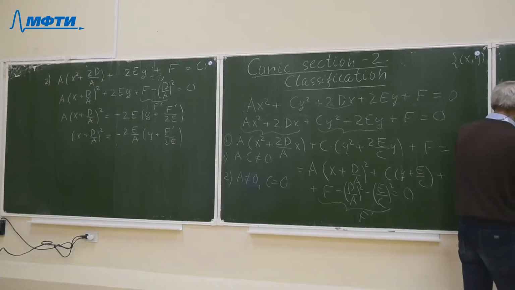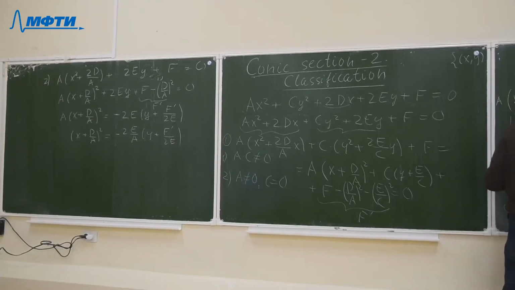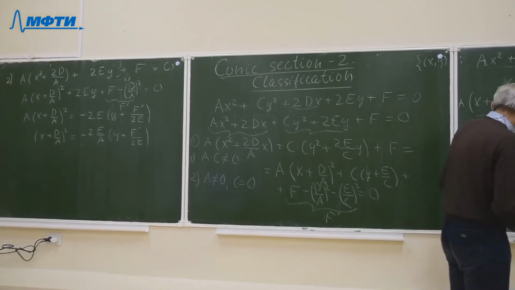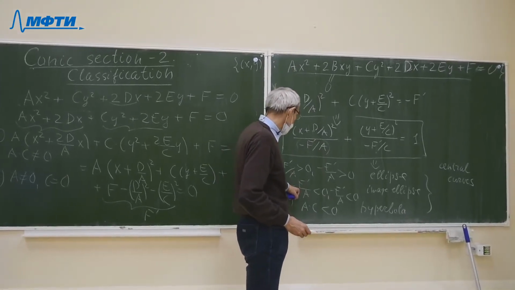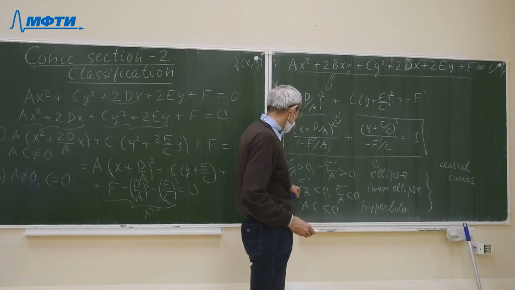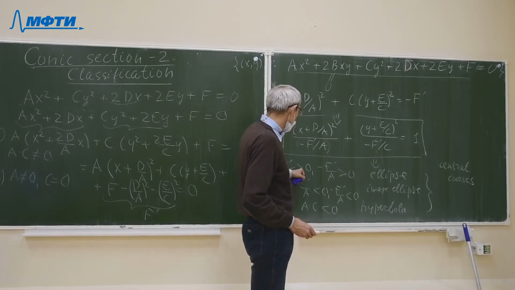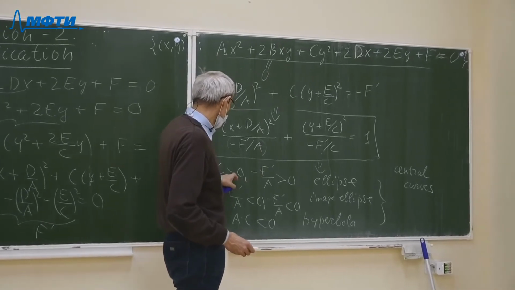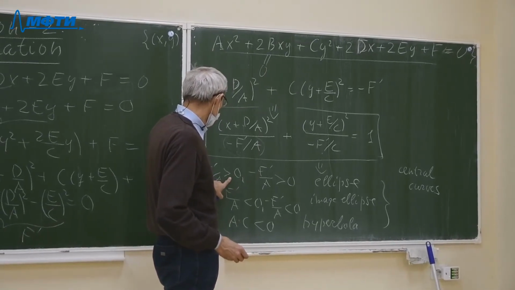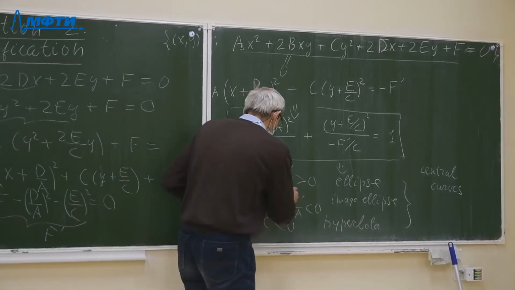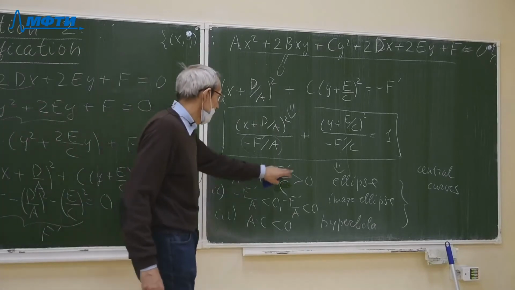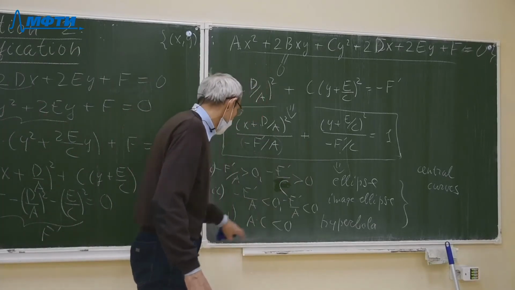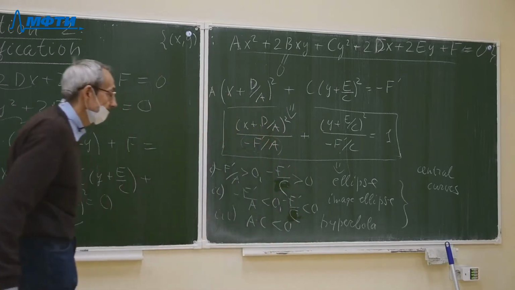Yeah, and in this case we have the negative number. Where's c? Oh, this case. First and second. You only have minus f prime over a greater than 0 twice. Great. Or minus f prime over a greater than 0, minus f prime over c greater than 0. Okay. Thank you. Yes, the second case. Thank you.